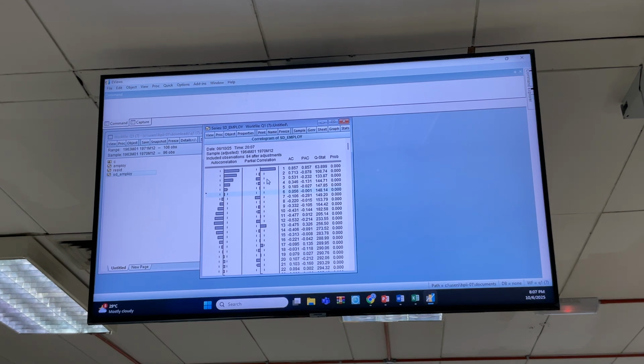The last significant lag for p is number 3, so AR3, and for the MA it is MA4. So either MA4 or AR3.